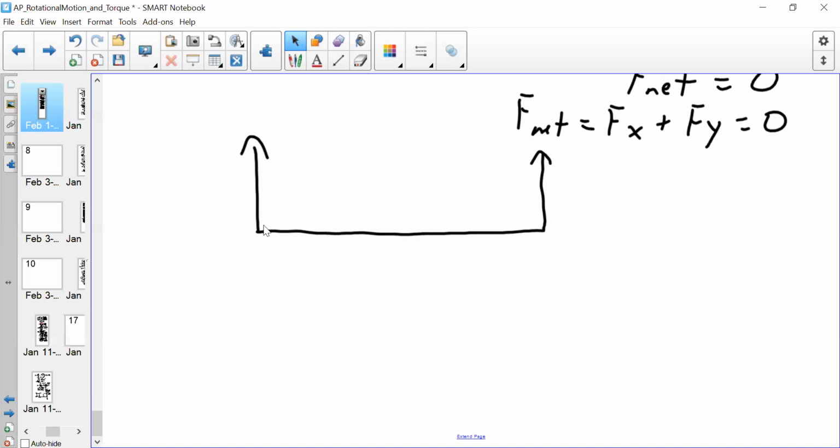This contact force from the wall on the beam is directed at some angle, and we call it just R. This is going to be some arbitrary angle theta. It's not the same as 53, because these are not alternate interior angles, so we have to figure out what that is later.